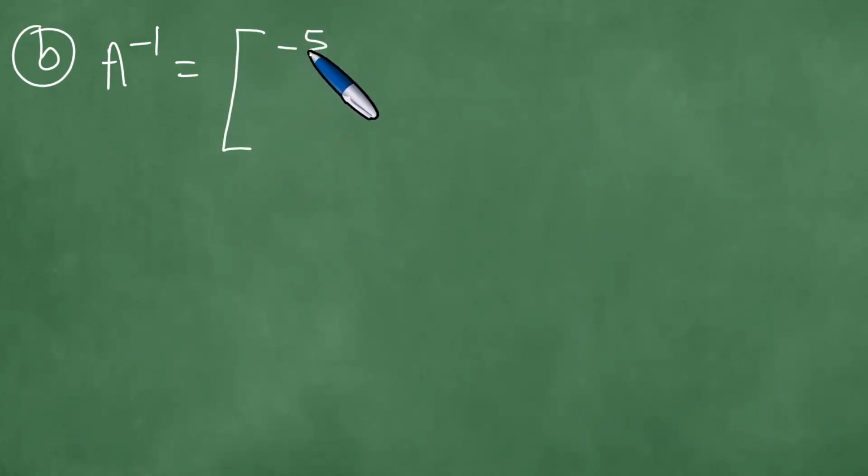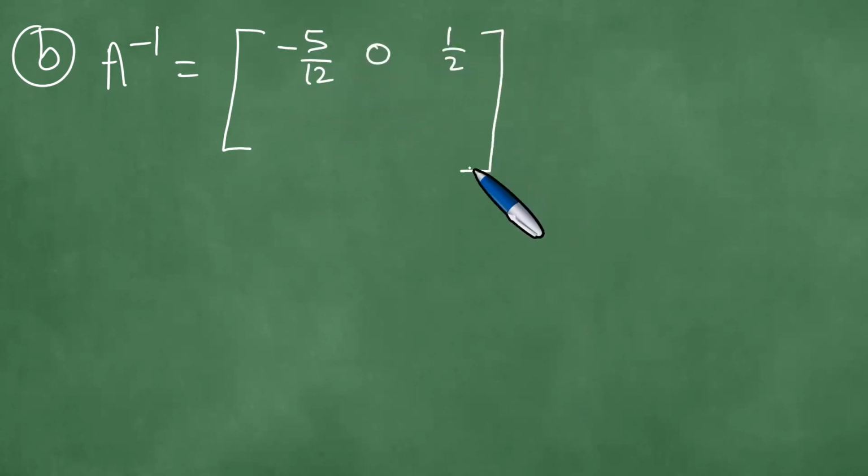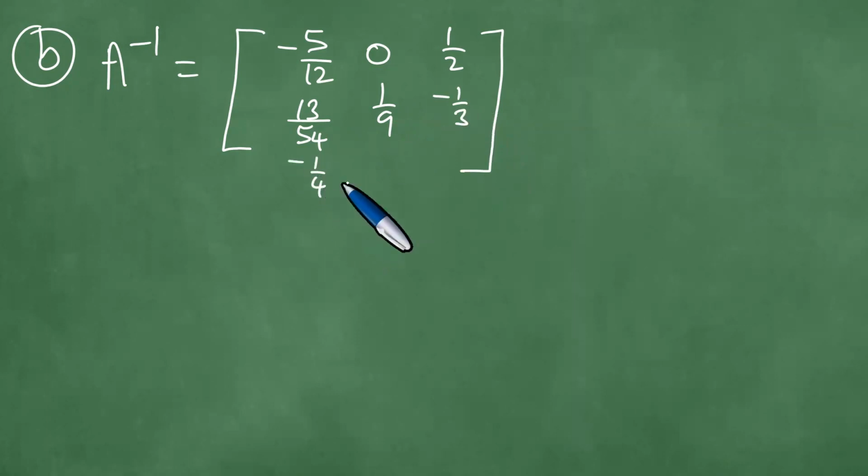Which is minus 5 out of 12, 0, 1/2, 13 out of 54, 1 out of 9, minus 1/3, minus 1/4, 0 and 1/2.